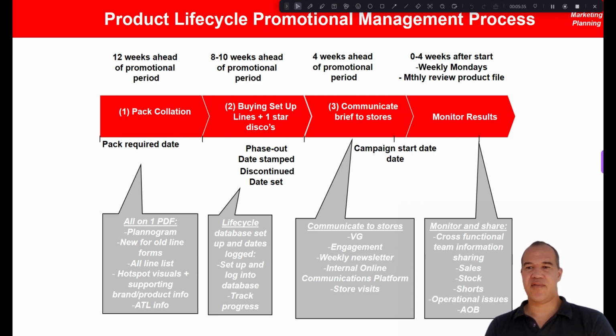But normally 12, maybe up to 20 weeks before the start of the promotion, you'll start planning out what SKUs or what product categories or subcategories are in the promotion, and you'll complete your promotional evaluation templates, which we talked about in our previous YouTube video.